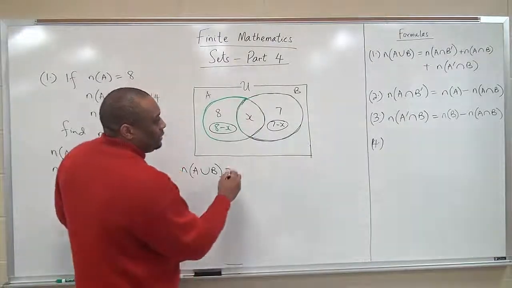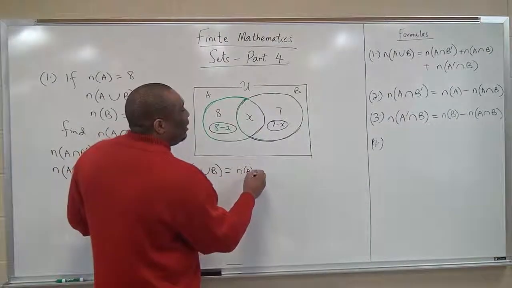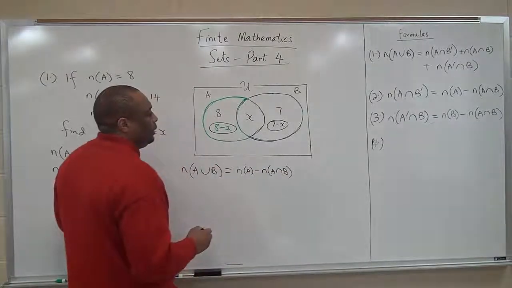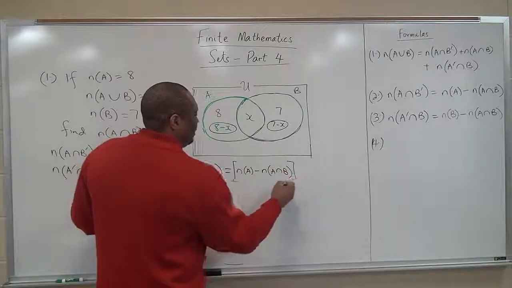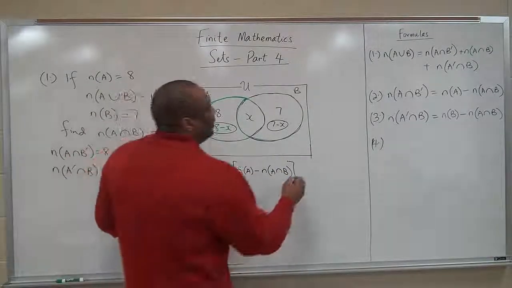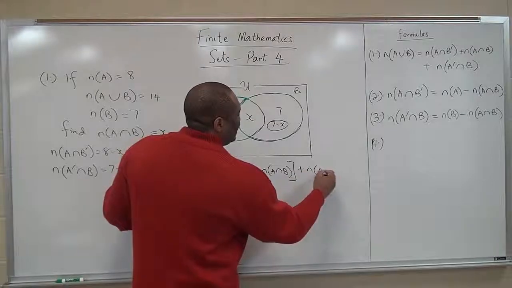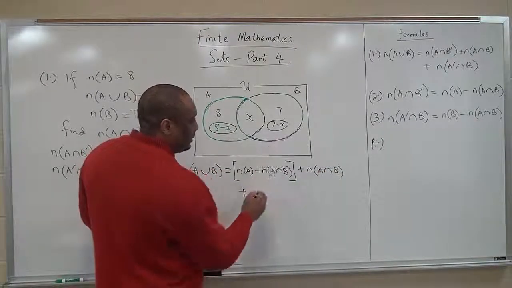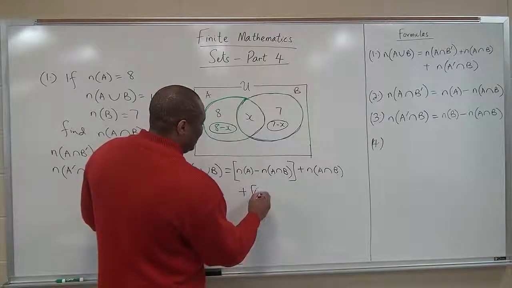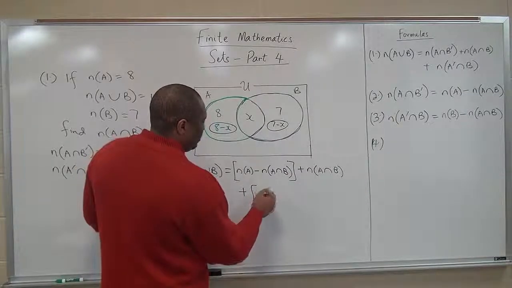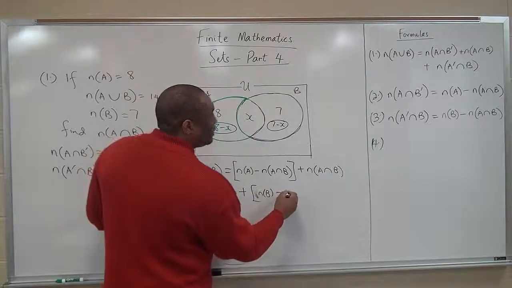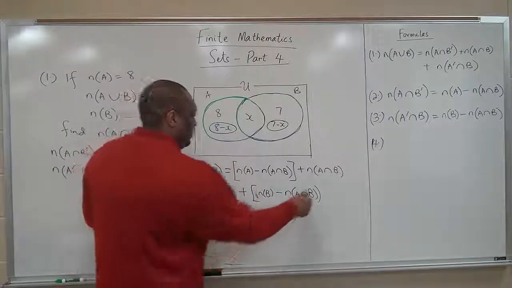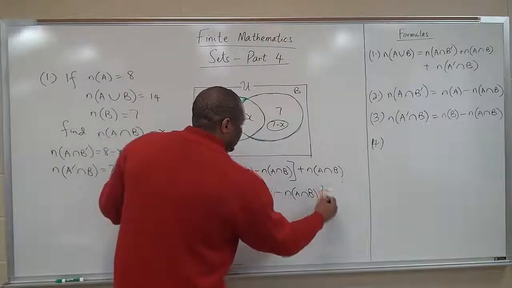So this is going to give us cardinality of A minus cardinality of A intersect B, let me put this in a bracket, plus cardinality of A intersect B, plus, we substitute that one, bracket, cardinality of B minus cardinality of A intersect B. Let's open the bracket.